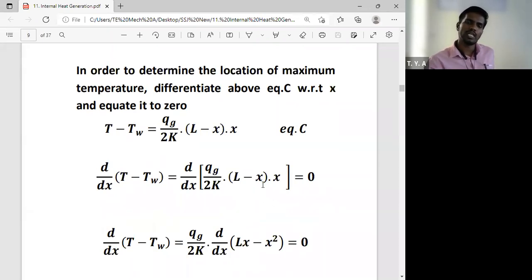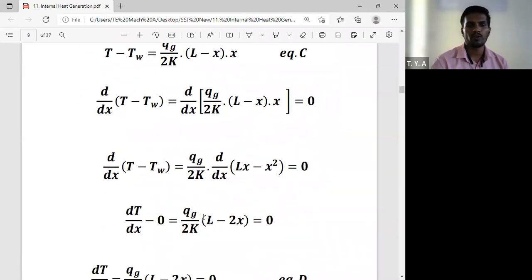Equate that value to 0. ओके, सो व्हॉट इज द डेरिव्हेटिव्ह ऑफ Lx? Lx चं डेरिव्हेटिव्ह काय असणार आहे? L असणार आहे. आणि व्हॉट इज द डेरिव्हेटिव्ह ऑफ x स्क्वेअर? 2x. Okay, so put those values, take the derivative.